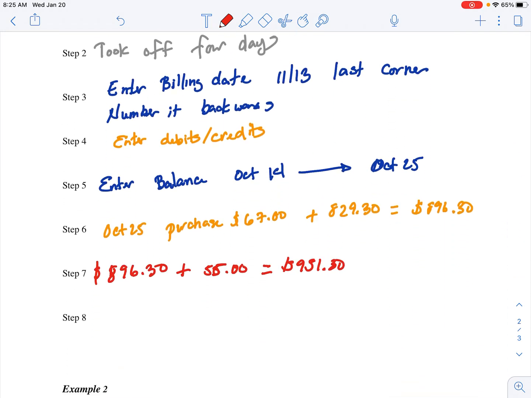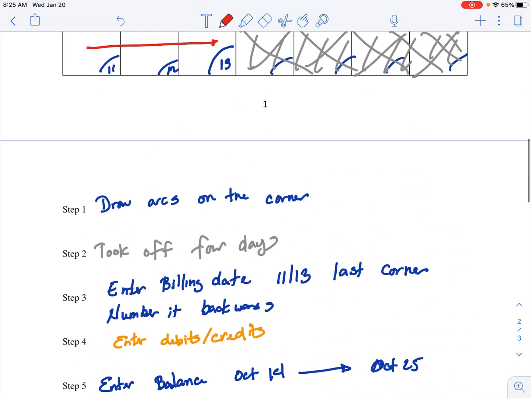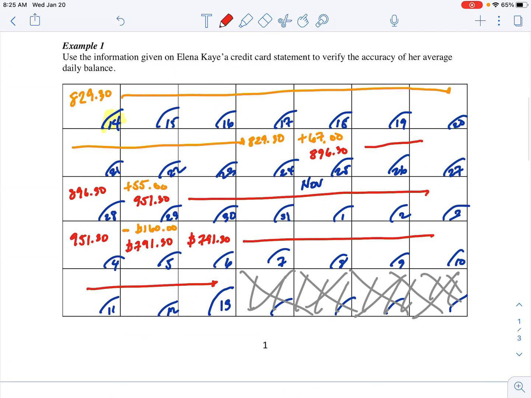Okay. So step 8, we're going to find the average daily balance. So we're going to add all the balances and divide by the number of days in the billing cycle. Okay, so the sum of the daily balances. All right, so we've got to add up all of the balances.